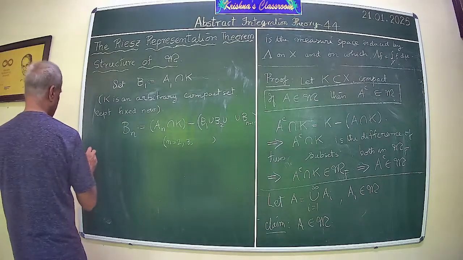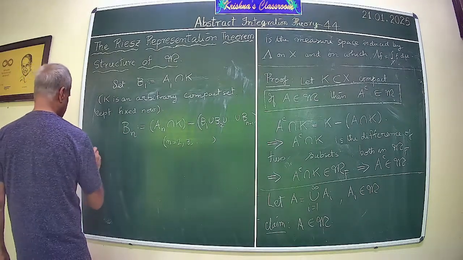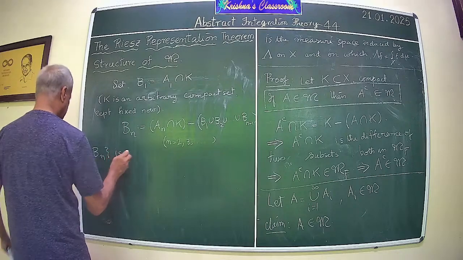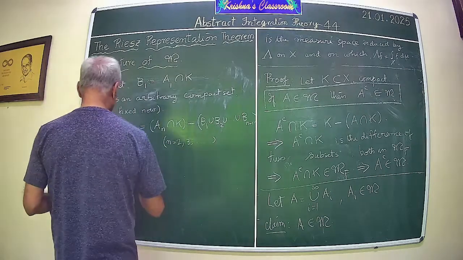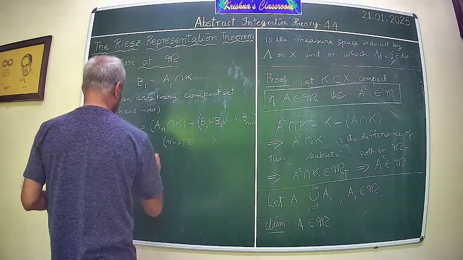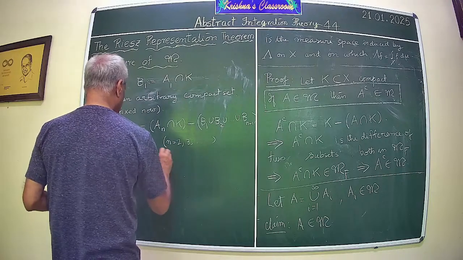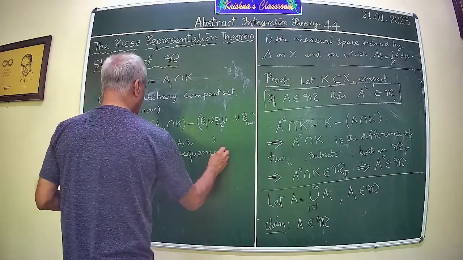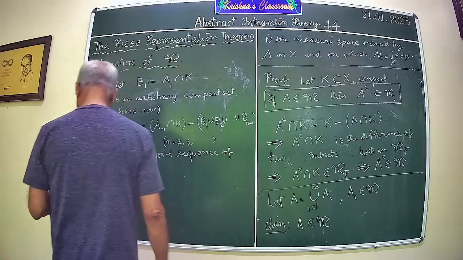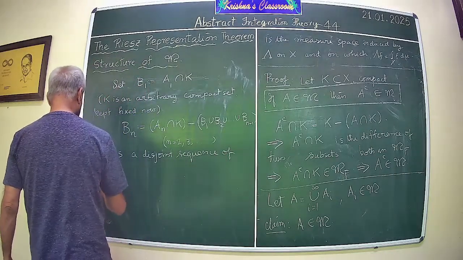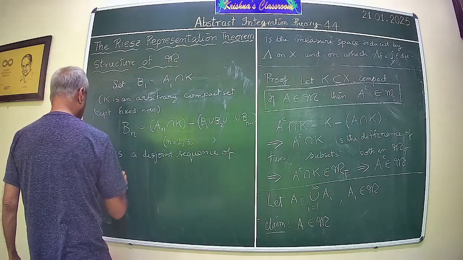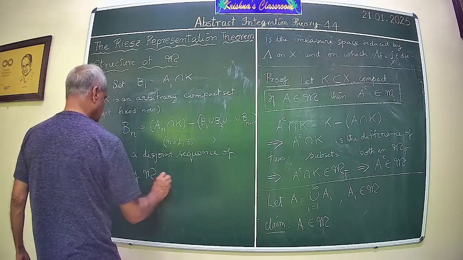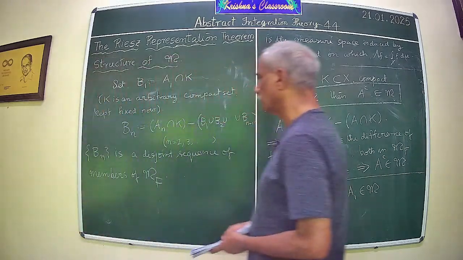Now, one can easily show that Bn is a disjoint sequence of members of MF.